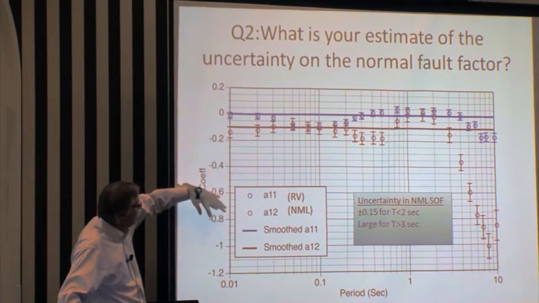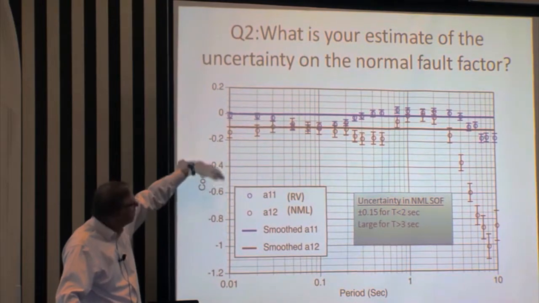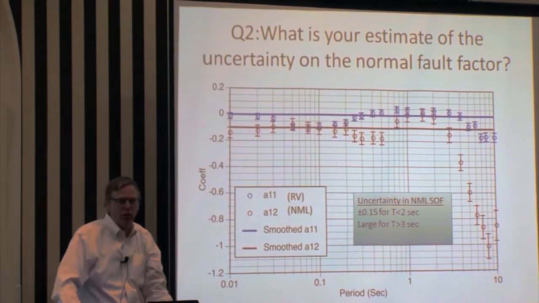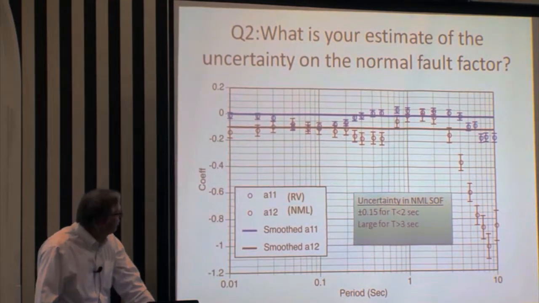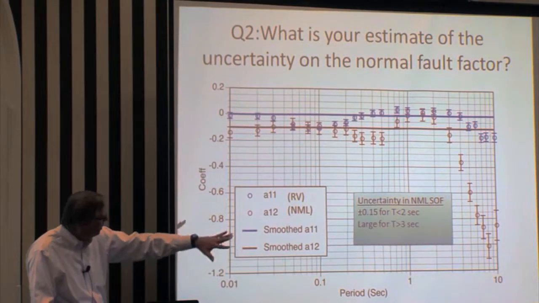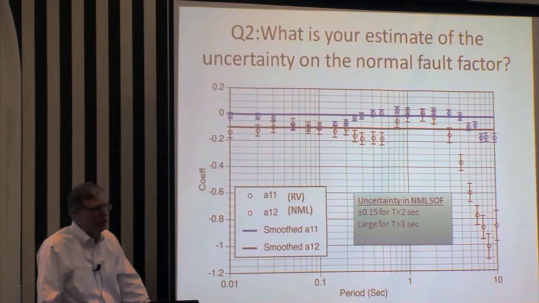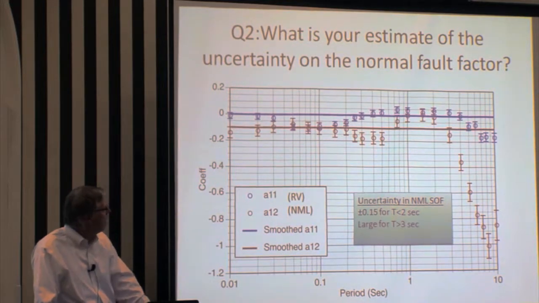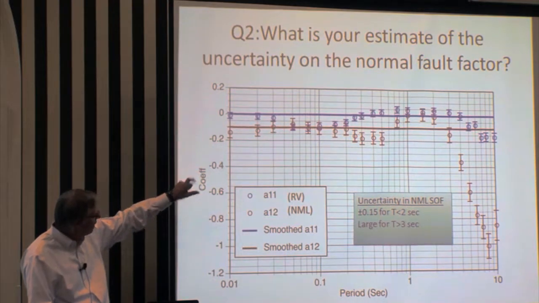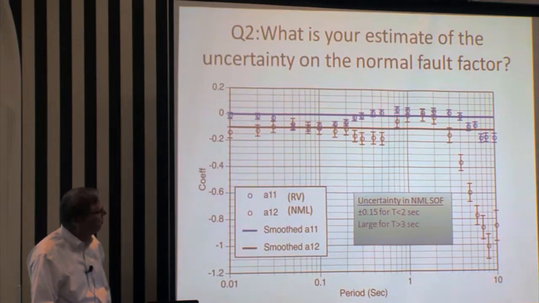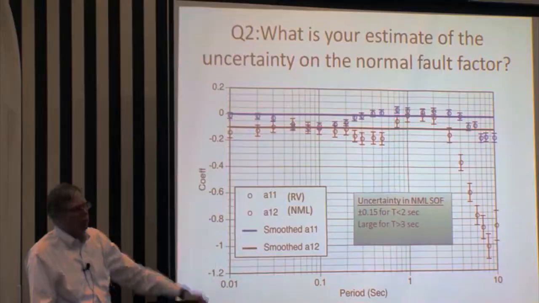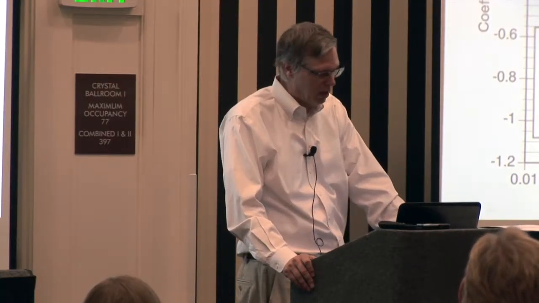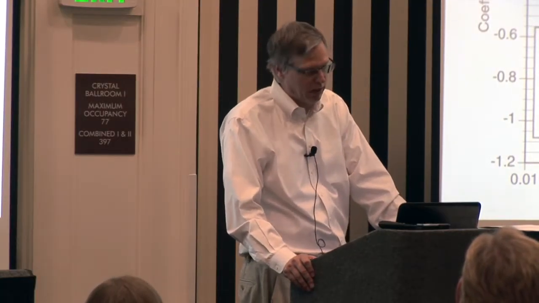So 0.7 is a factor of 2, and 0.2 is about 25%. The points here, as a function of period, are just the statistical uncertainty in the estimate of the coefficient, and you can see how that changes with period. The error bars are the standard error of the coefficient. The red line is what we used in our model, a constant 10% reduction.